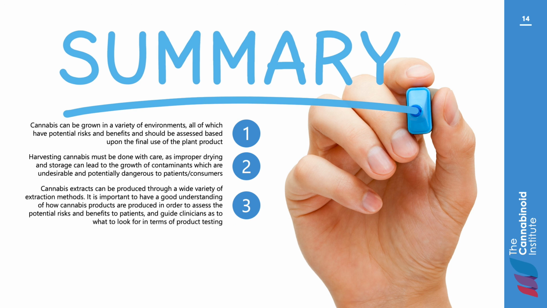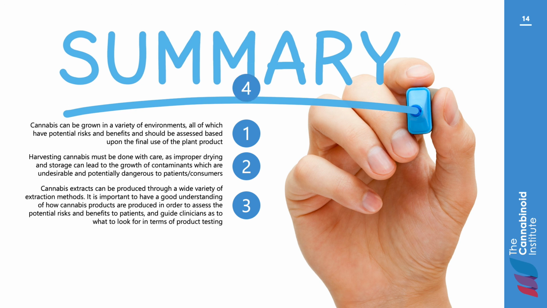Cannabis extracts can be produced through a wide variety of extraction methods. It is important to have a good understanding of how cannabis products are produced in order to assess the potential risks and benefits to patients and guide clinicians as to what to look for in terms of product testing.